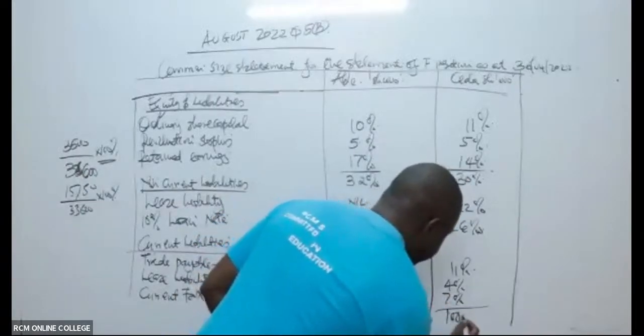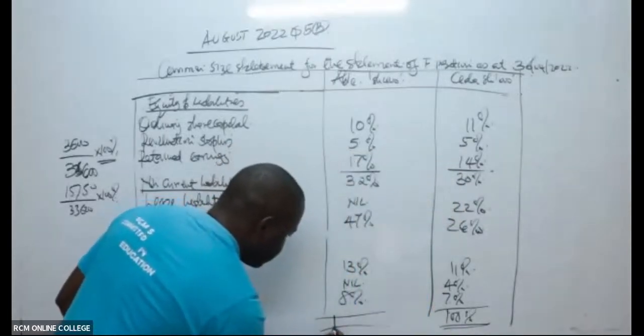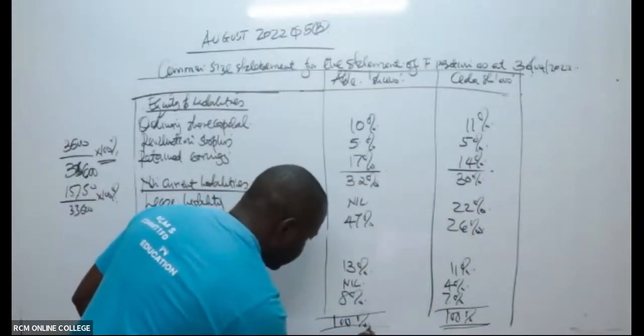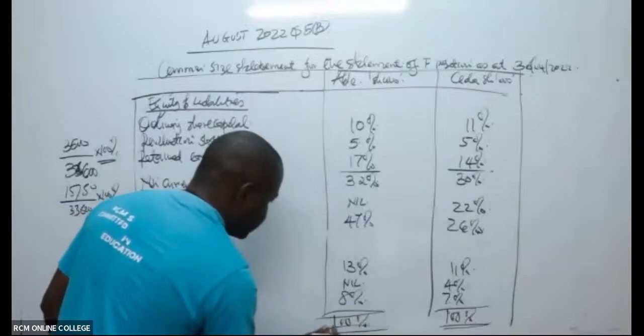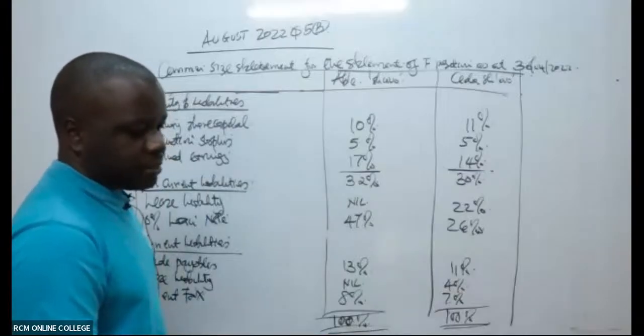If you do the total there, it should give you the total figure, so that comes to 100%. That comes to 100%.